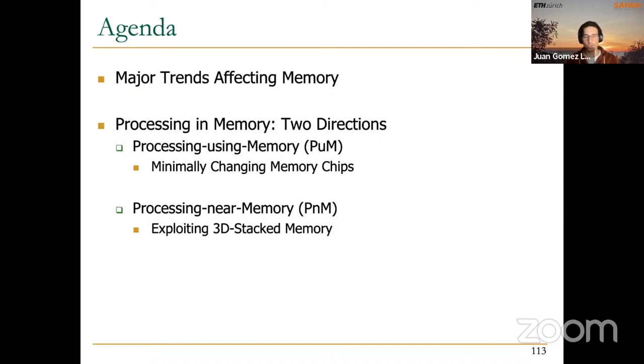We can also talk about processing near SRAM and processing using SRAM, and all these processing near cache or using the cache proposals are also included in the larger umbrella of processing using memory or processing in memory. I hope that answers the question. It's something we will definitely discuss in later lectures.